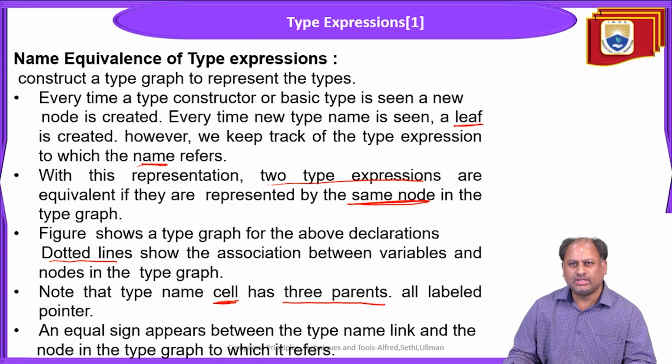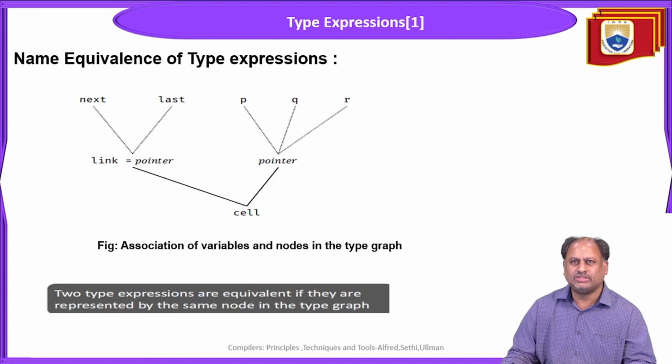If you write a relationship, then we will get the relationship between parent and child. An equal sign appears between the type name link and a node in the type graph. We are going to write a representation of the equal sign also. So we'll see the diagram, the pictorial representation here.